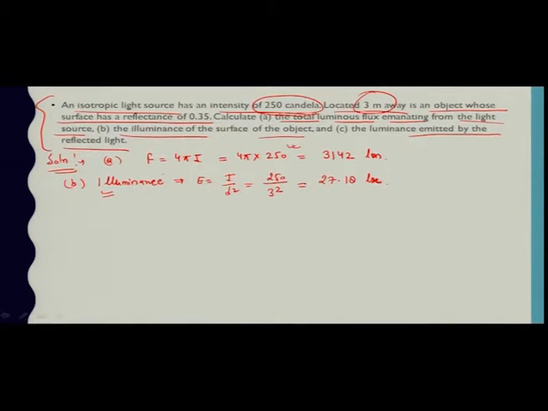Now the luminance emitted by the reflected light can be calculated as L equals E times R upon pi, where E is the illuminance and capital R is the reflectance. Since we have calculated the illuminance in the previous line, 27.18 into reflectance, which is 0.35, upon pi, that will come out as 3.095.